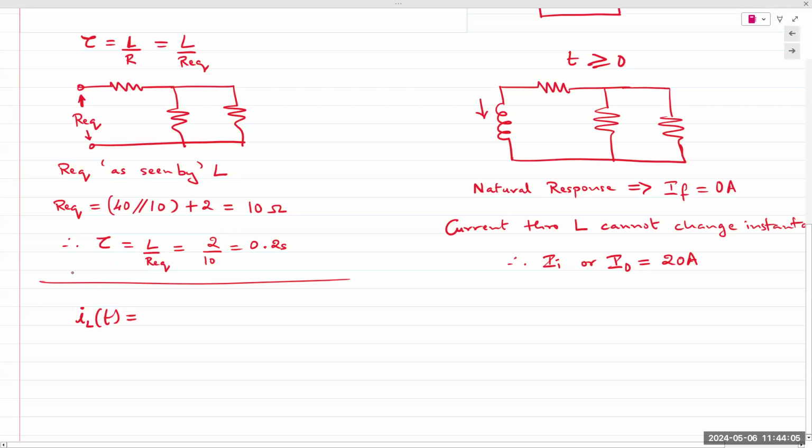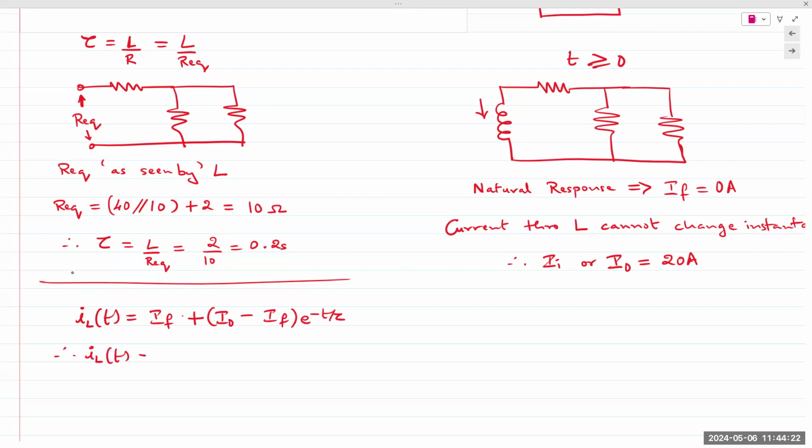We can find IL of t, so IF plus I0 minus IF into e raised to minus t over tau. I'll plug in all the values. Final value is 0. I0, the initial, is 20 amps. And then tau is 0.2 seconds.